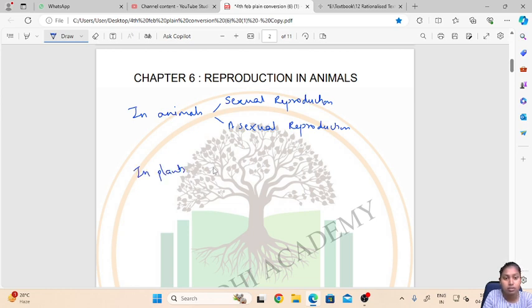In plants, usually flowers are the ones that undergo sexual reproduction, and for sexual reproduction we require a male and a female part. The male part in a flower is the stamen, and the female is the pistil.